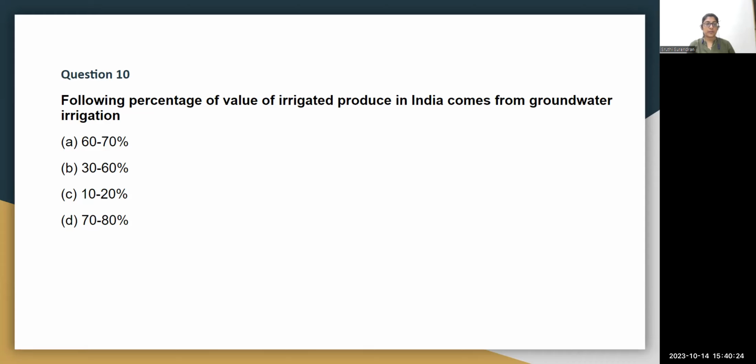Now, how much percentage of the value of irrigated produce results from groundwater irrigation? So, if you have some irrigated produce and that produce has some value, then what percentage of value is contributed by groundwater irrigation? That is the question.